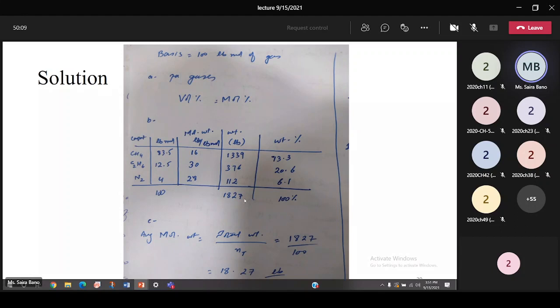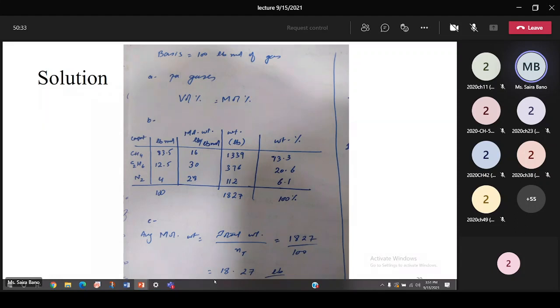Okay, थोड़ा सा difference आएगा. आप लोग इसमें you can cross check it. The students who has taken the basis of 1 pound mole or 1 gram mole, the weight in grams will be 18.27 grams. Okay, और जो आपके पास total weight 18.27 divided by 1 होगा, that will be answer आपका same आएगा.